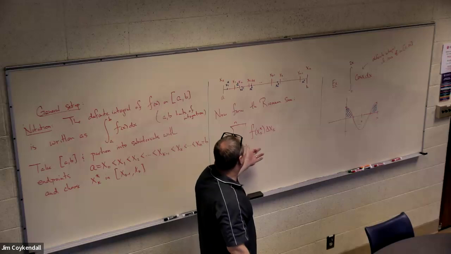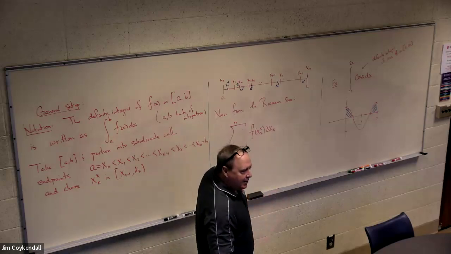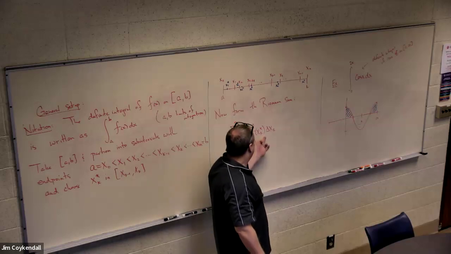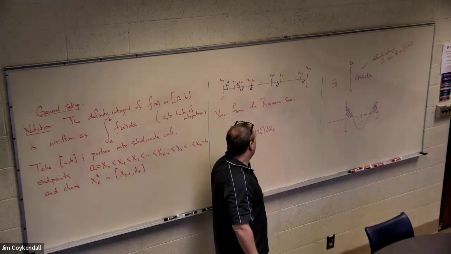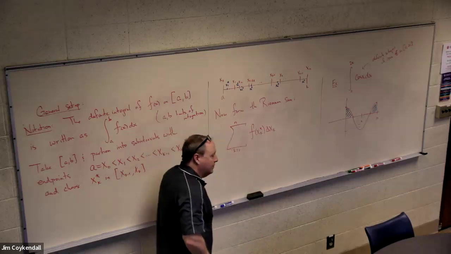This is where we're going with this. This is an approximation of it. And again, this is the same thing that we were doing before. This is a height times a width. And the caveat here, of course, is that the height, the function value, can be negative.